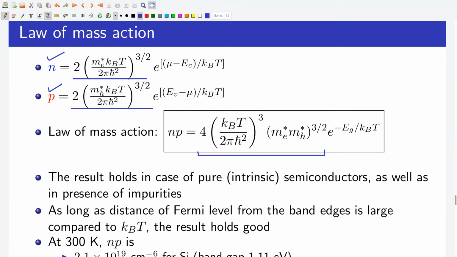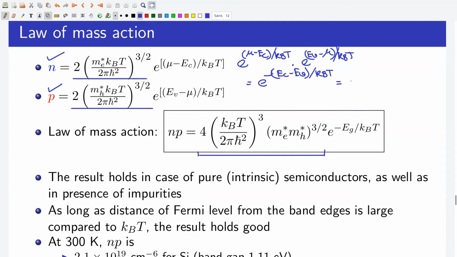And if we multiply e power (mu minus EC) by kBT and e power (EV minus mu) by kBT, then we get e power minus (EC minus EV) by kBT, but EC minus EV is equal to the band gap.